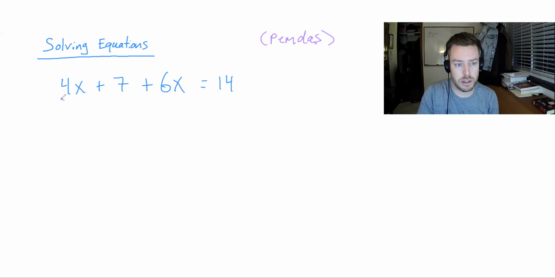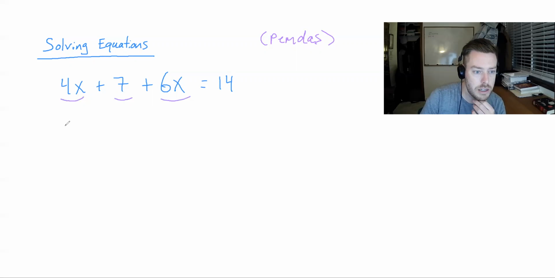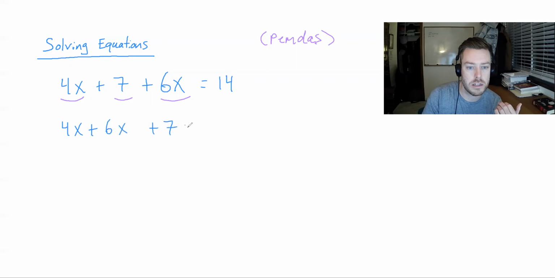So we have 3 terms here on the left-hand side: 1 term, 2 terms, 3 terms. And so we're going to put like terms together, and we're going to do whatever operations there are for that. So in this case, to make it easier, I'll rewrite this equation, and I'll say 4x plus 6x plus 7 is equal to 14.